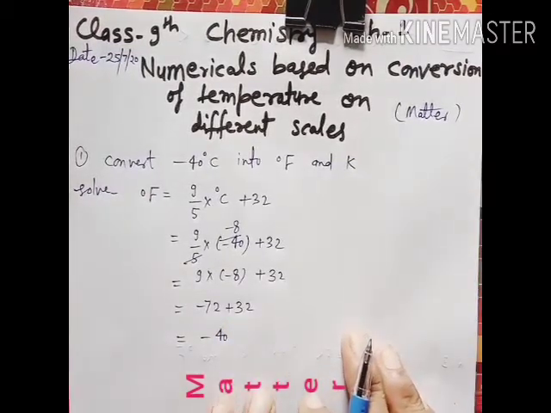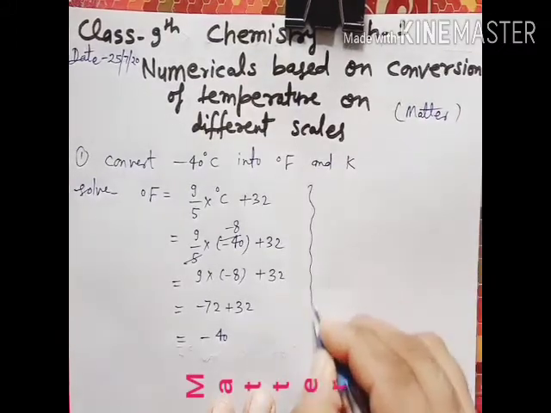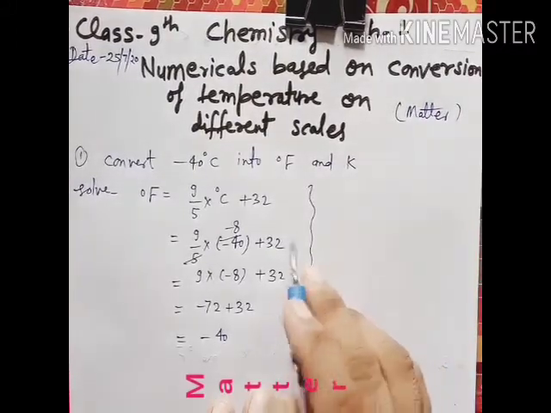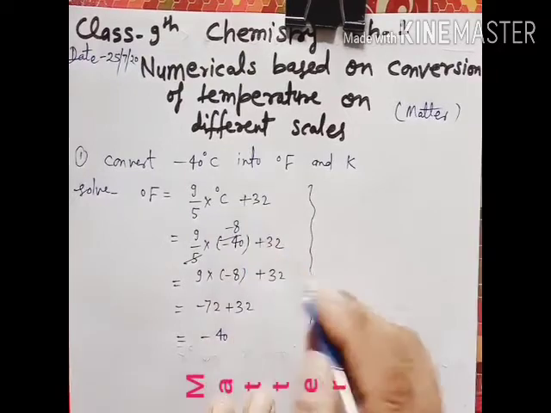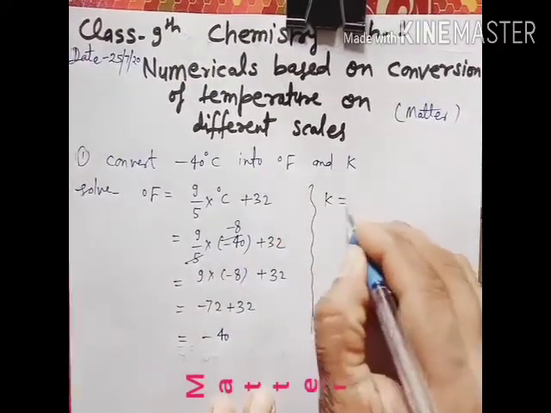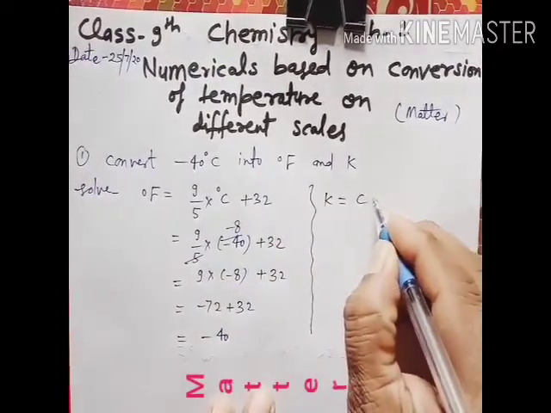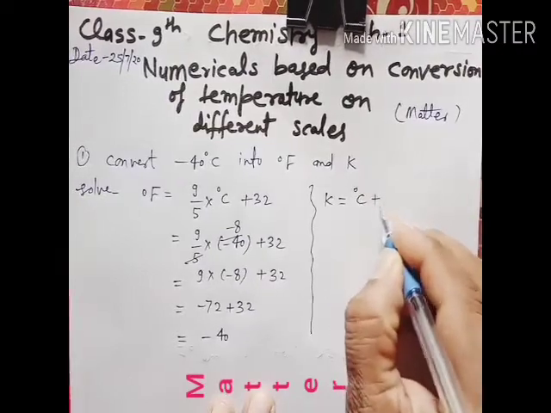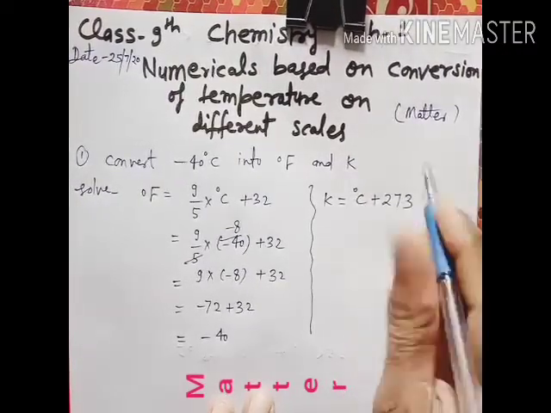Now we have to calculate minus 40 degree C into Kelvin. We know K is equal to degree C plus 273.